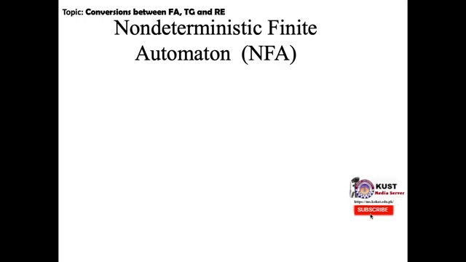Okay, so this is non-deterministic finite automata. So far we discussed FA and TG, but a non-deterministic finite automaton is another type of machine which lies somewhere in the middle between FA and transition graph.